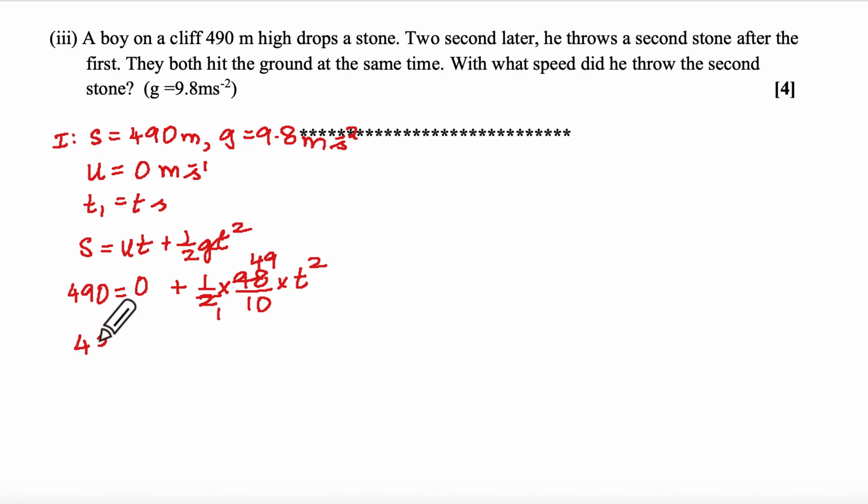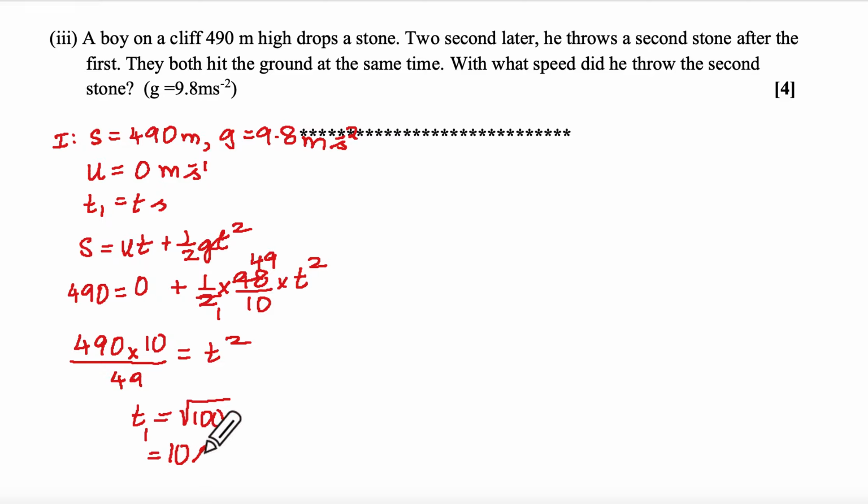So 490 multiplied by 10 upon 49 is equal to t square. So t is equal to root of 100, which means t1 is equal to 10 seconds, correct? Now for the second stone, t2 is equal to t1, which is 10 seconds, correct?